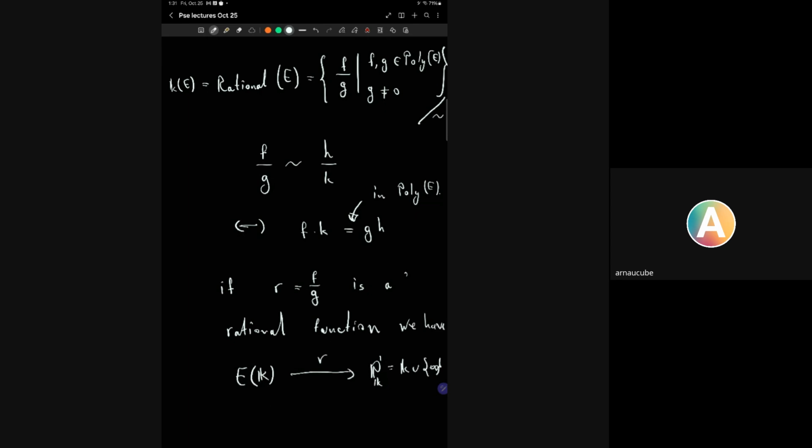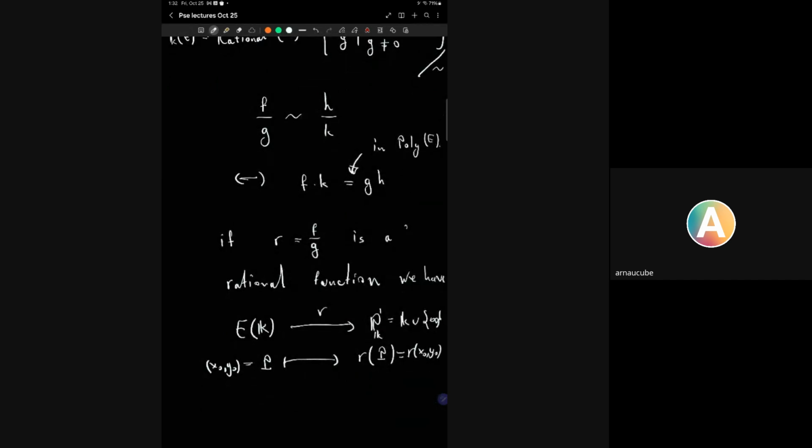As with polynomials, I take a point P and I do R of P. So if P is equal to x0, y0, then R of P is just substituting x0, y0 in the quotient of polynomials R. And sometimes I get infinity, but I anyway had to introduce infinity as a possible value of polynomials over E, so I don't care that much.